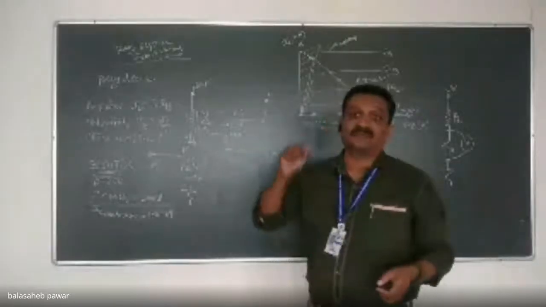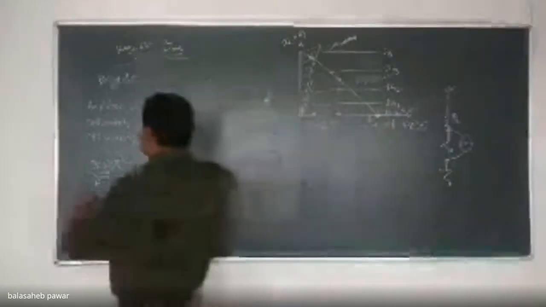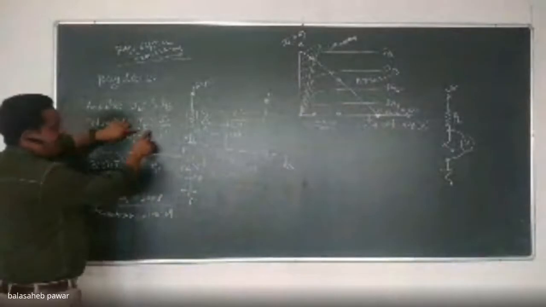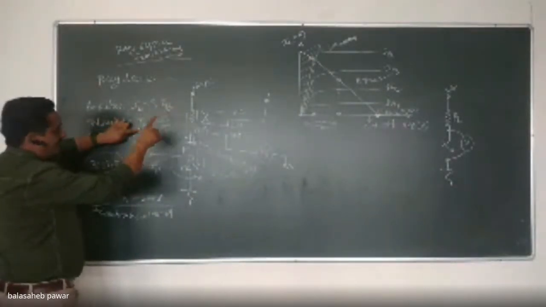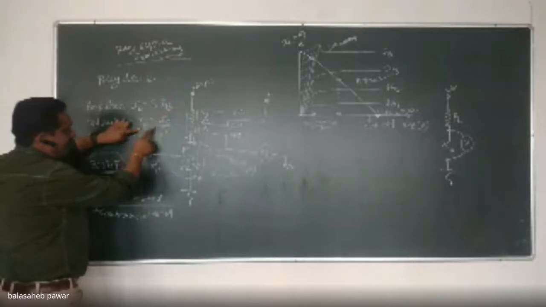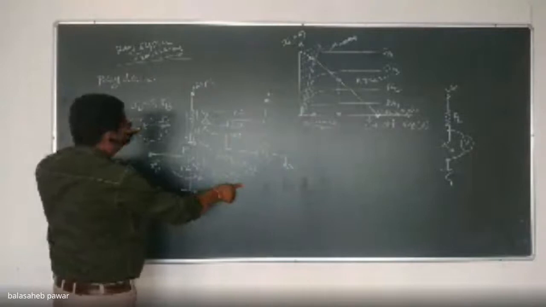So just try it. How much should be the value of base current? By using the same equation, because we have to force that transistor into the saturation region of operation. And for that region of operation, IB should be greater than IC by beta. I consider here that beta is 250, right?